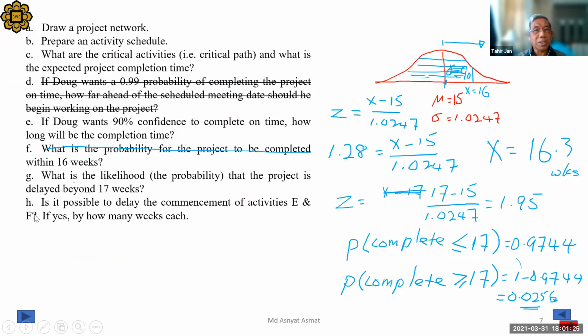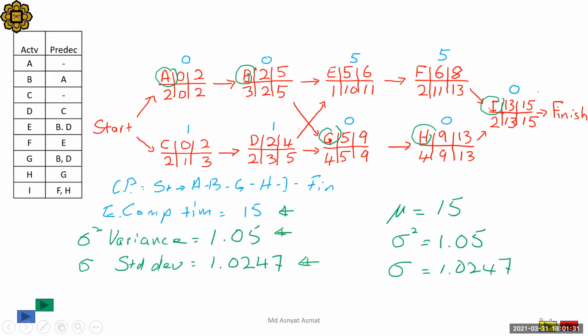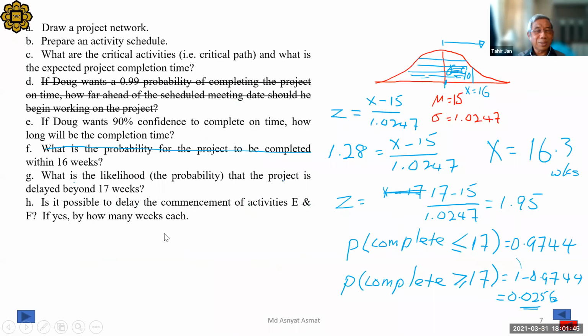Less than 5 weeks, isn't it? E can be delayed by 5 weeks. F also can be delayed by 5 weeks. Okay, great. We are done very fast.